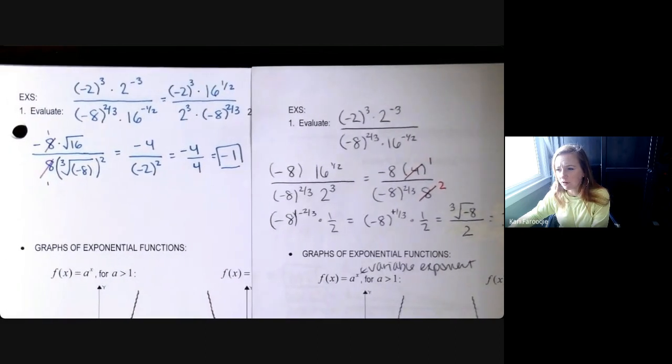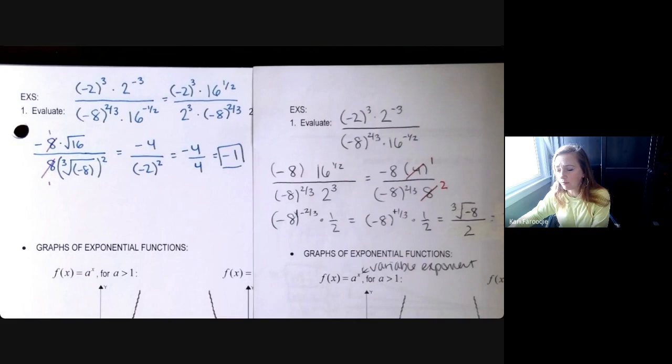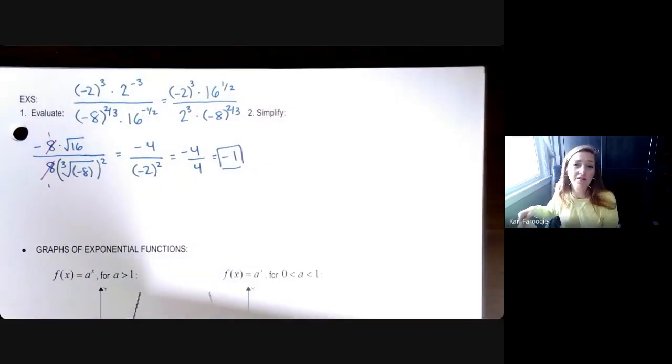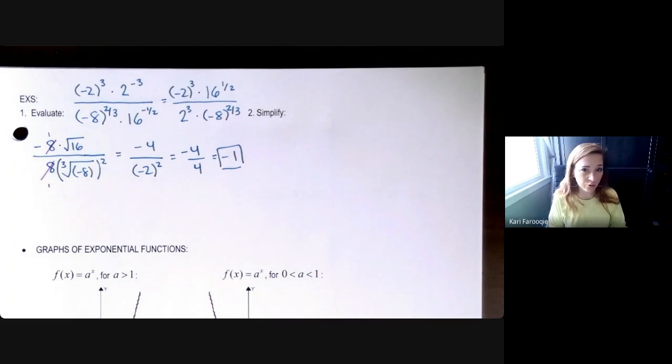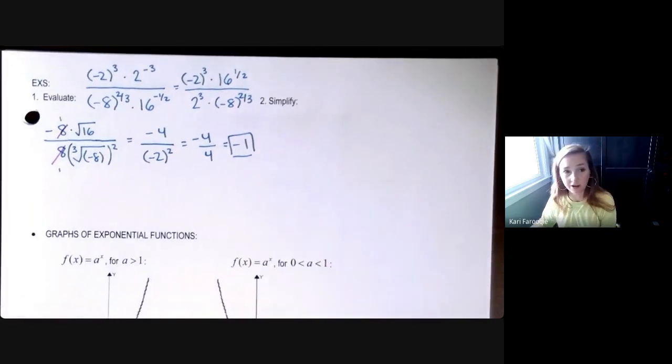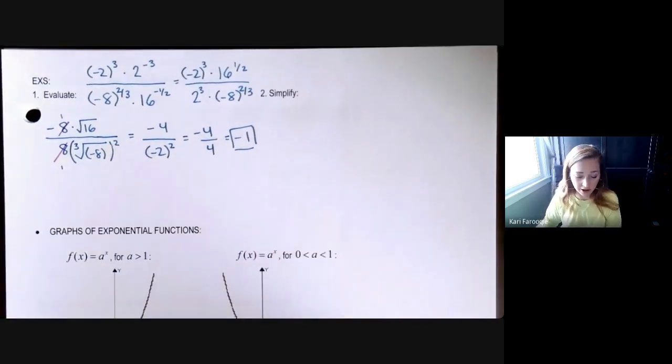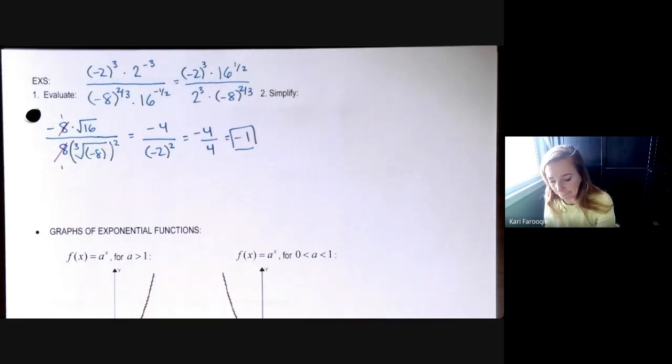I think I started out the same, and then I don't know. But my point is, there are a lot of different ways to approach these to still get the same answer, and not by coincidence, because not all these steps have to be done in that specific order. So that's kind of the nice thing here, is you have a little bit of choice as long as you are using the right properties.